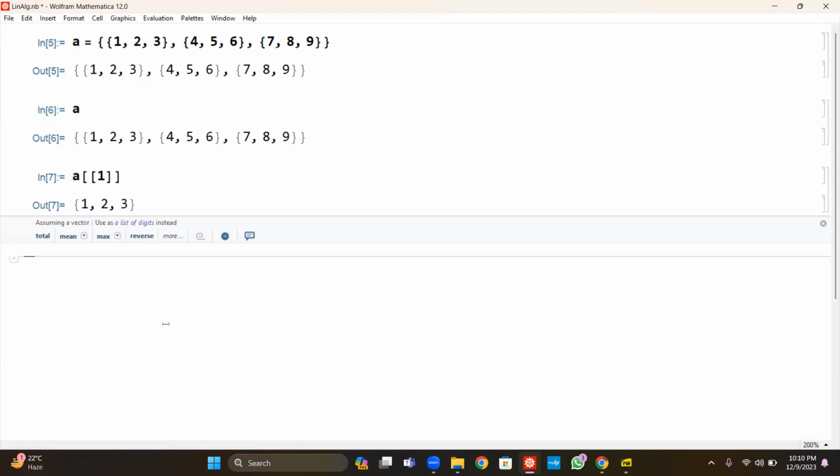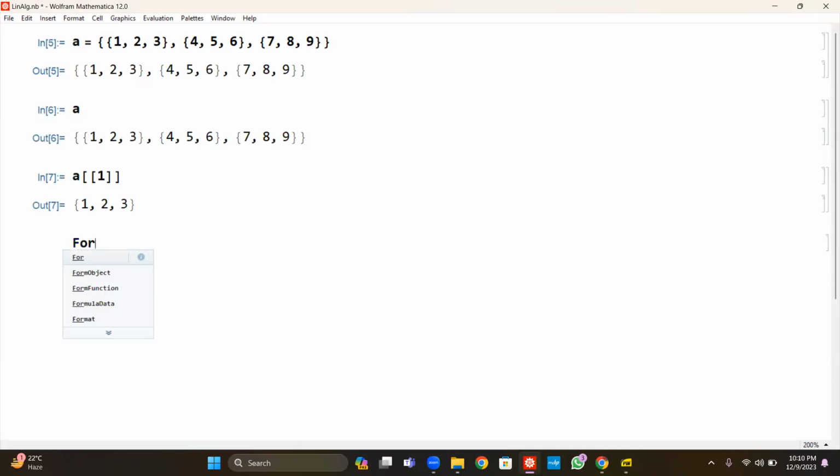Now, we can run a For loop: i equals 1, i less than or equal to 3, i plus plus, and another For loop. You should be able to recall that there are 4 arguments for the For function. I'm calling it a function because it works like a function in Mathematica.